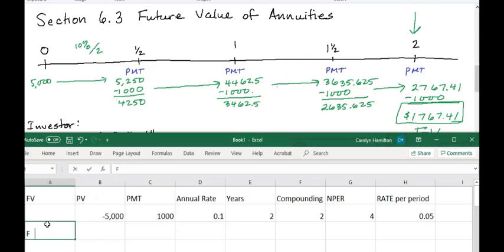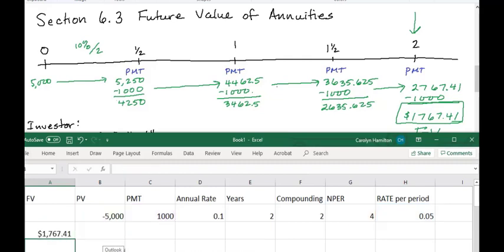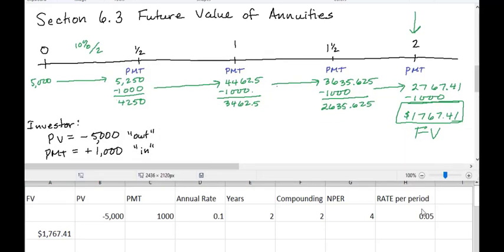When I go to find the future value, 5%, 4 periods, positive 1,000 payment, negative 5,000 present value, ignore the type, $1,767.41. So that's a very different answer than I got when I was putting in deposits.